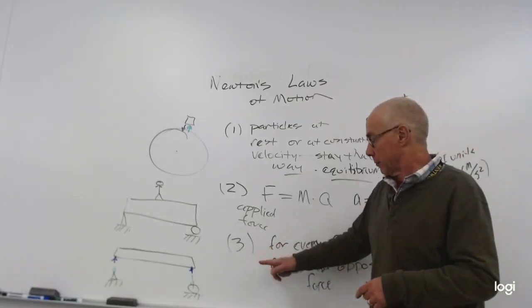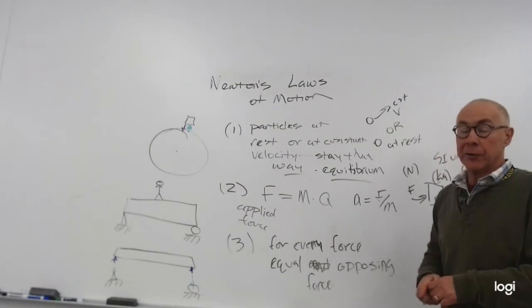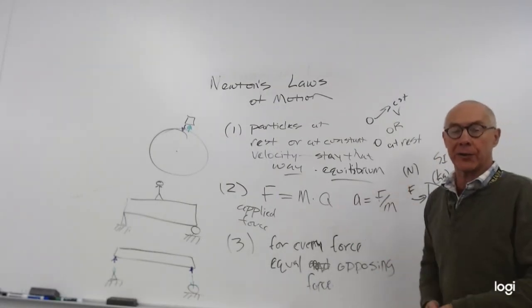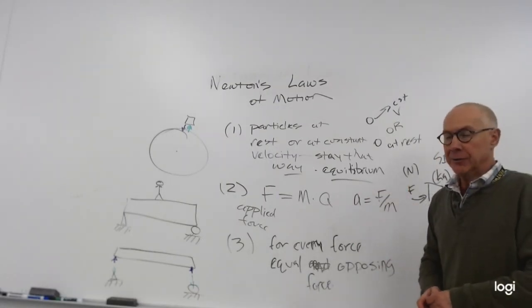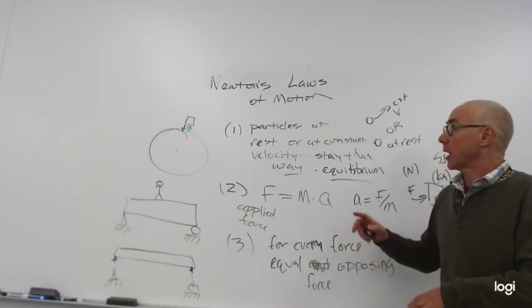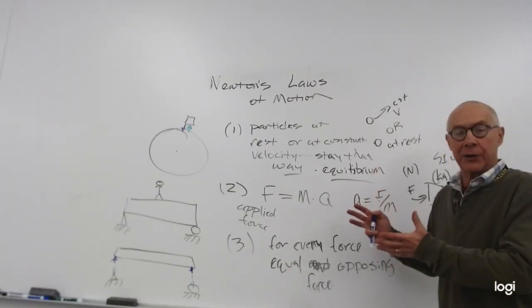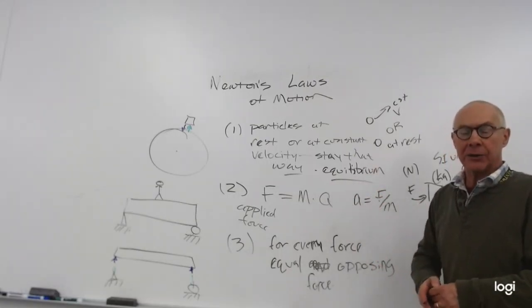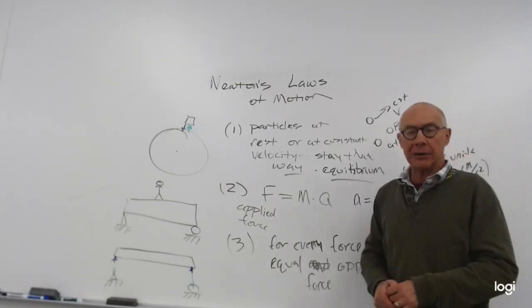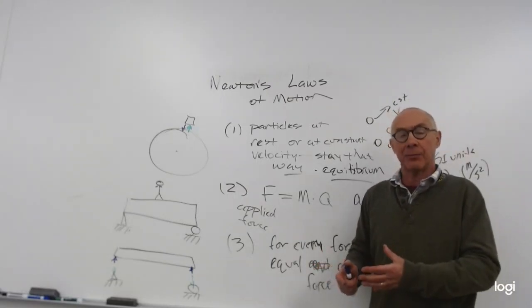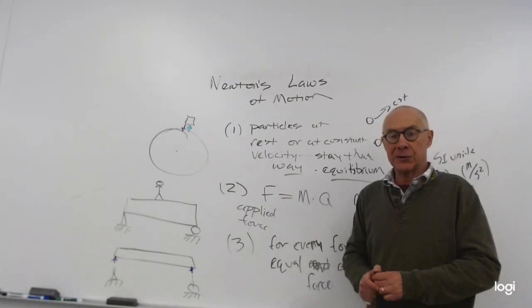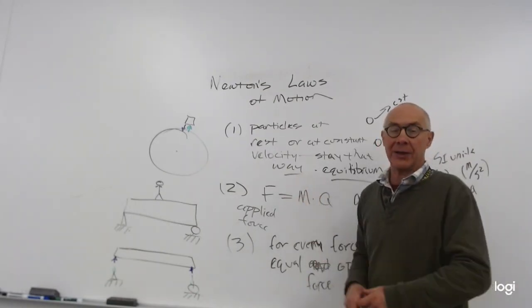And the third law of motion is that for every force, there's going to be an equal opposing force applied back to it. So these are the basic review. Make sure if there's something you're a little fuzzy about, to go back and look at your old physics textbook or other sources to help clarify these basic concepts.